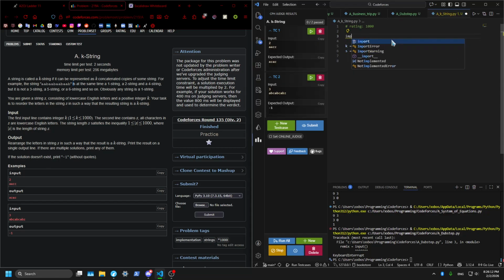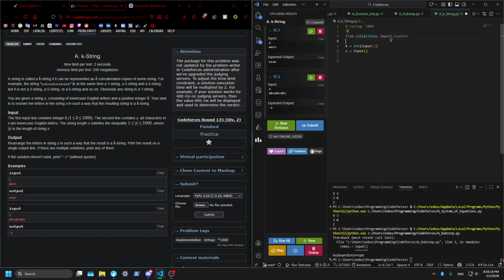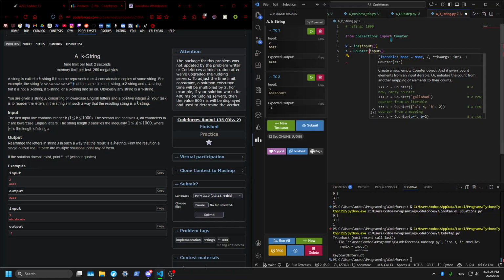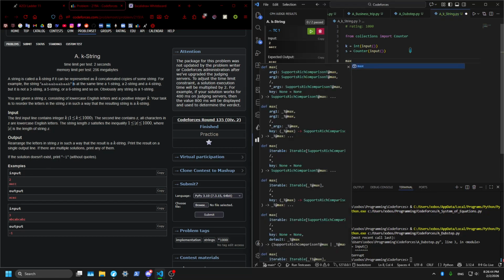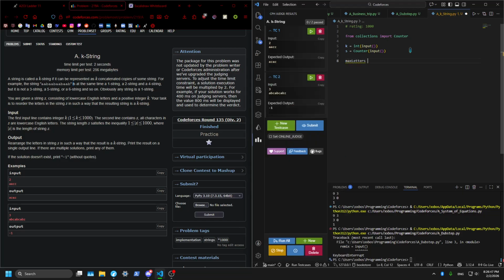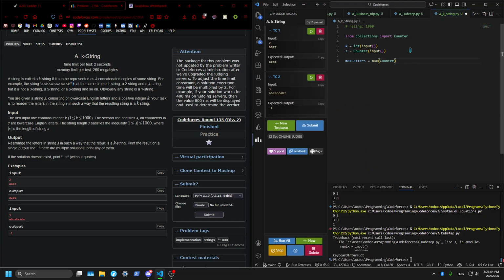So from functions import counter, and then we count input, and then max equals max counter, or max s. Does this work?